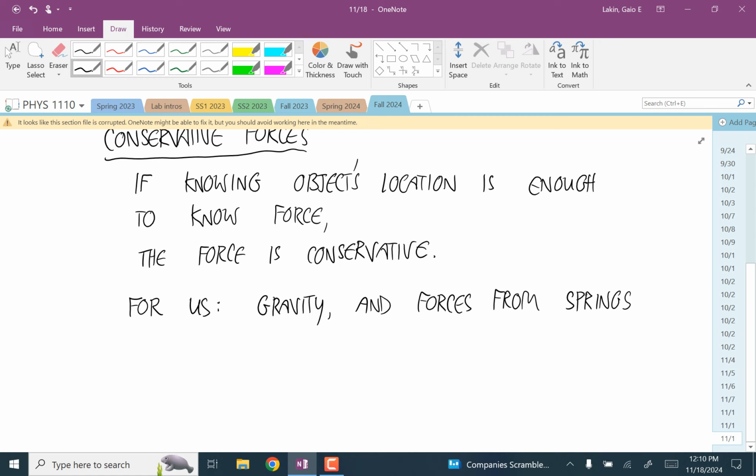So let's say we have something and we know the mass of it, like this calculator. As I move it around, if I tell you at every instant what its position is, is that enough for you to know the force that gravity applies to it?